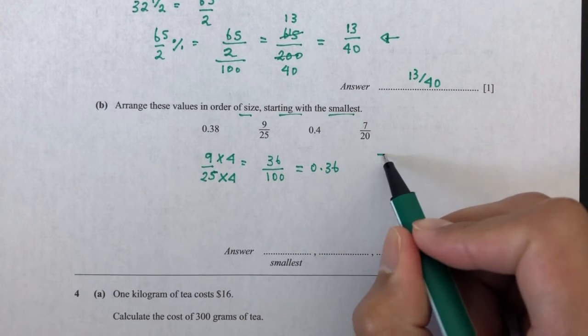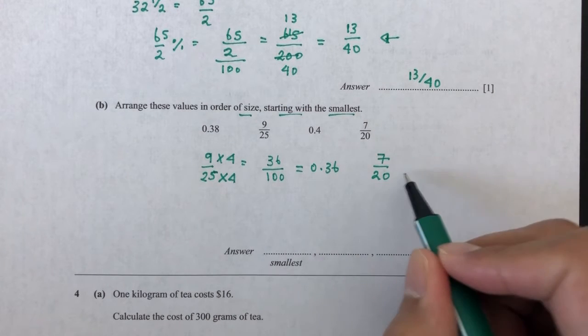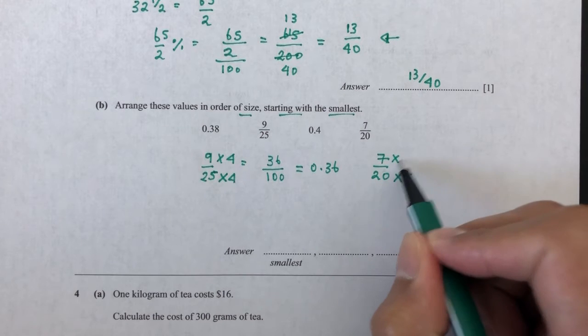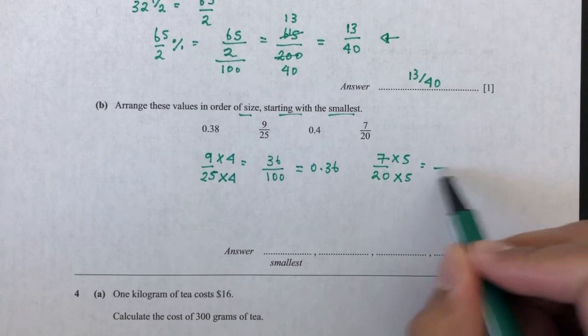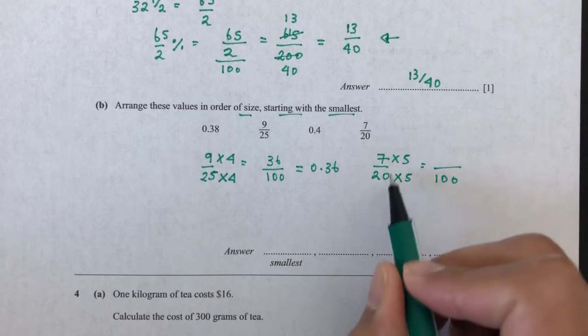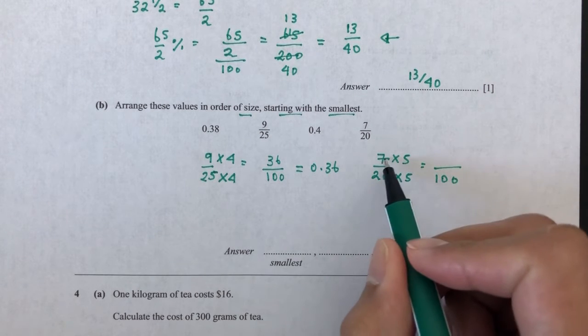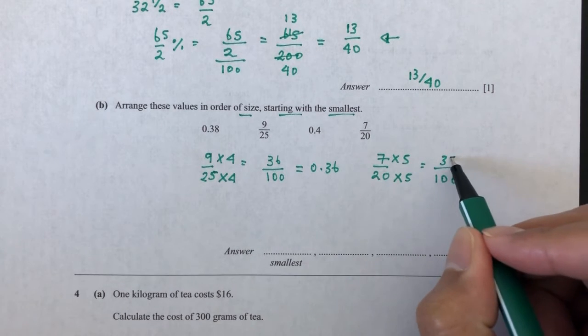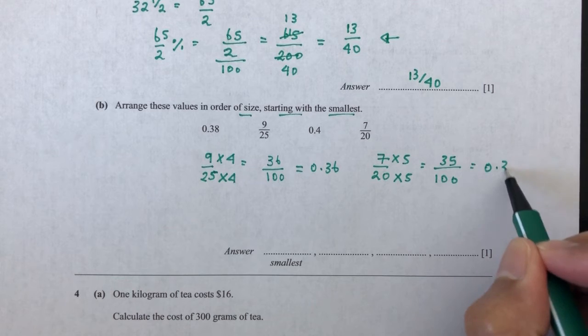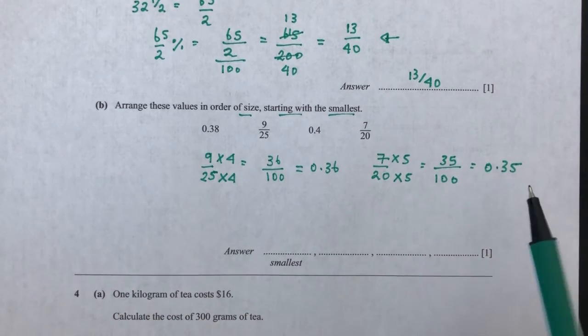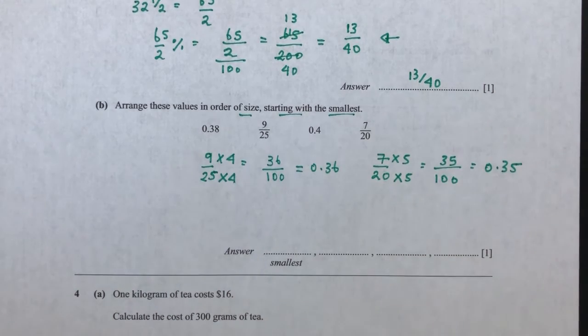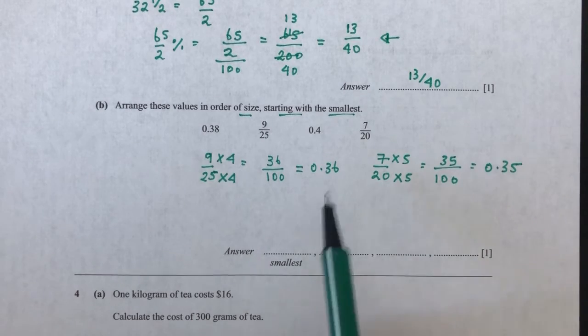Now we have 7 over 20. If we multiply by 5, 20 times 5 is 100 and 7 times 5 is 35. So in decimal form, it will be 0.35. Now we can compare every number in terms of decimals. Which number is the smallest?